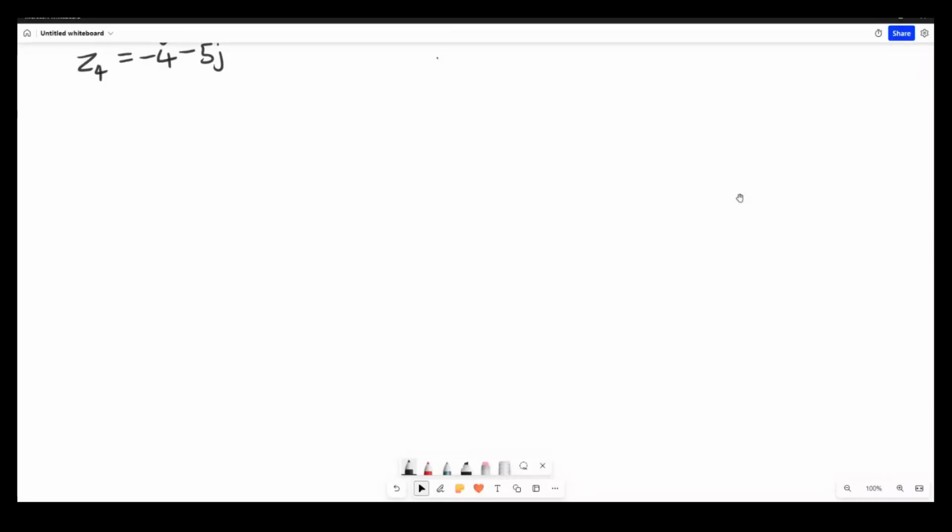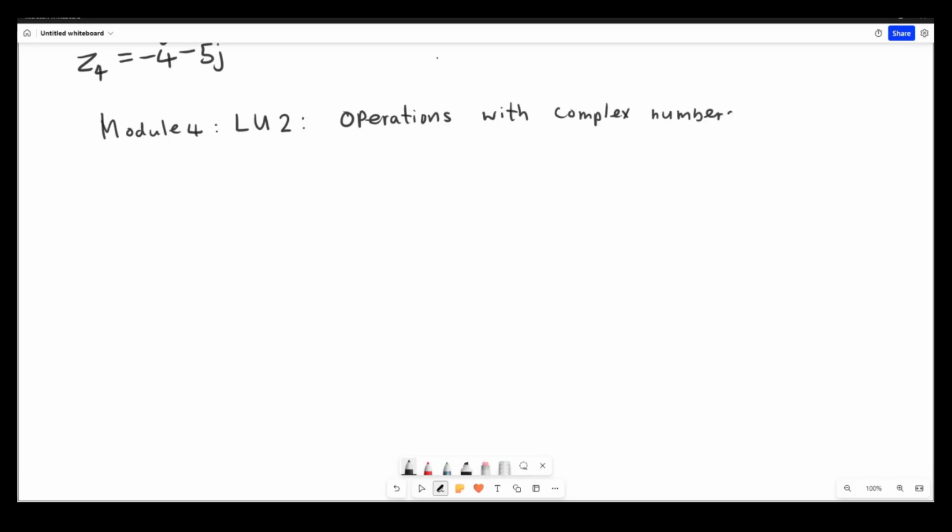Just write down, this is learning unit 2, still module 4, and this is called operations with complex numbers.